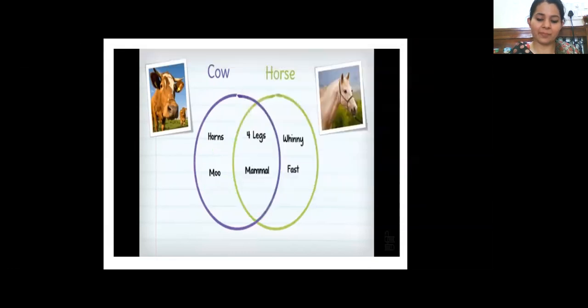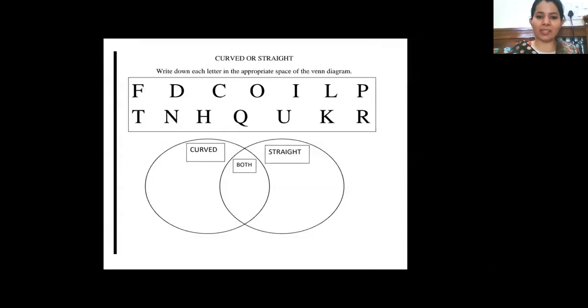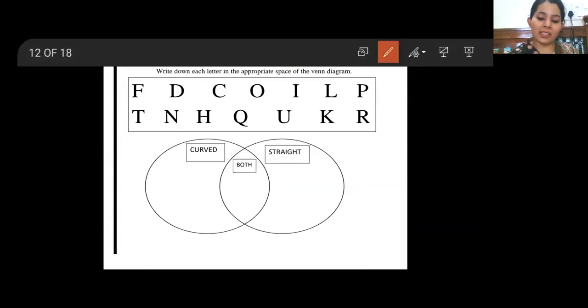Let's move ahead. Here you go, another question, and wow, that's an interesting one. So let me read the question out for you. Write down each letter in the appropriate space of the Venn diagram. Now here we have to put the information in the Venn diagram. So here, what are the two things that we have to look out for?